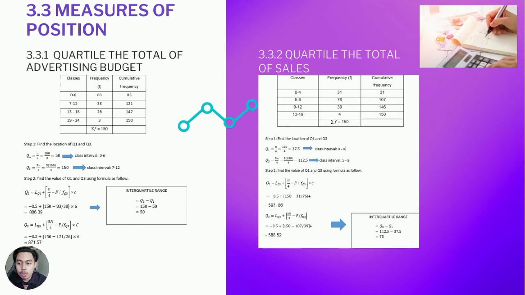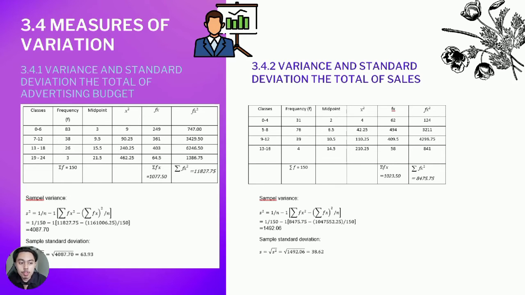Okay, we move to 3.4, which is the measure of variation. Measure of variation is about the range, the interquartile range, standard deviation, and the variance. Okay, the variance and standard deviation of the total advertising budget.